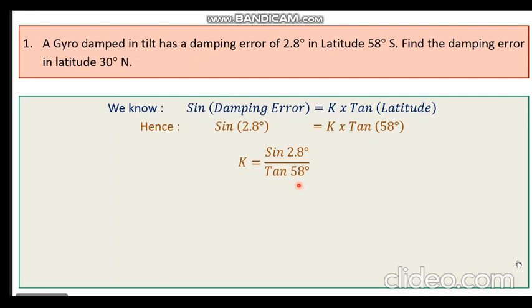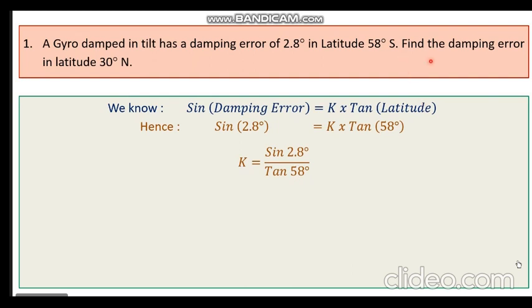So you see in this particular question, they have given us sufficient information that we can obtain the value of K, the damping ratio for this particular compass. Now once this damping ratio is obtained, then we can use this damping ratio to get the answer.